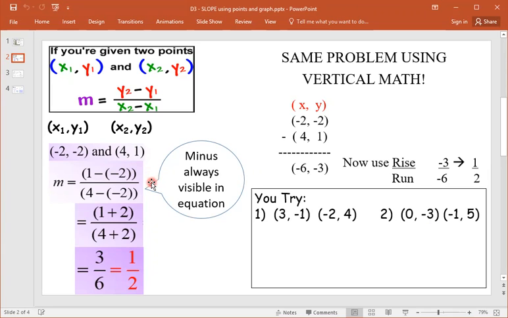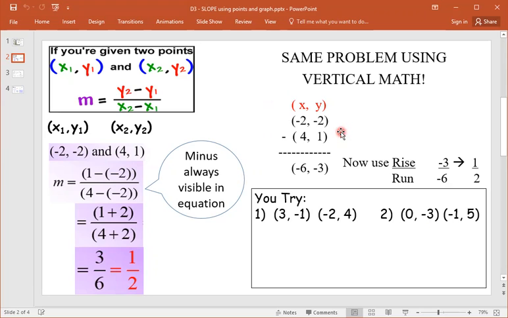There are problems with this because what if you forget the minus? Or what if we forget that two negatives make a positive? So sometimes this causes people issues and they don't like it very much. So we can do the same thing with vertical math. Instead of subtracting out our coordinates, we're going to subtract the 2 points.